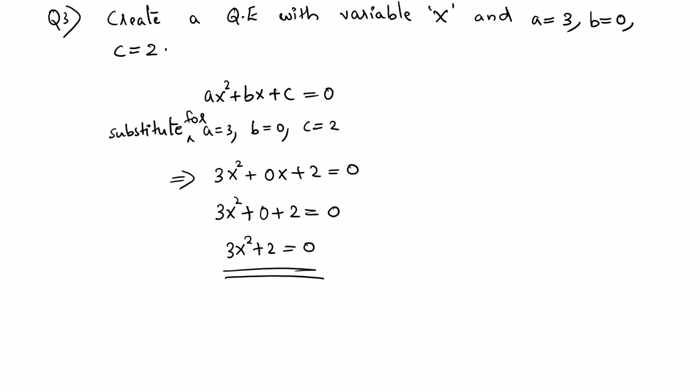This is the required quadratic equation. Do you have any confusion regarding whether it is a quadratic equation or not? See, the highest degree of this equation is 2. So this is a quadratic equation. The only thing is that there is no x term in this equation.